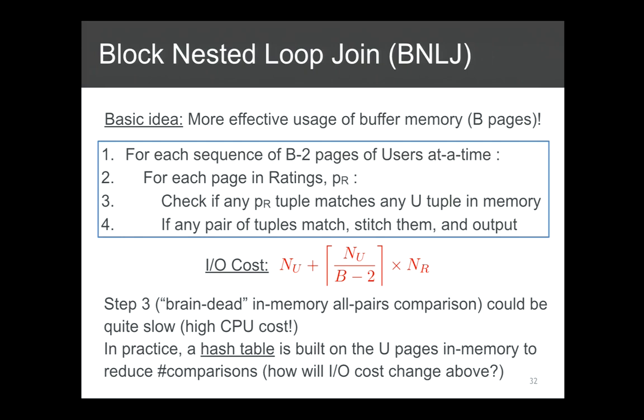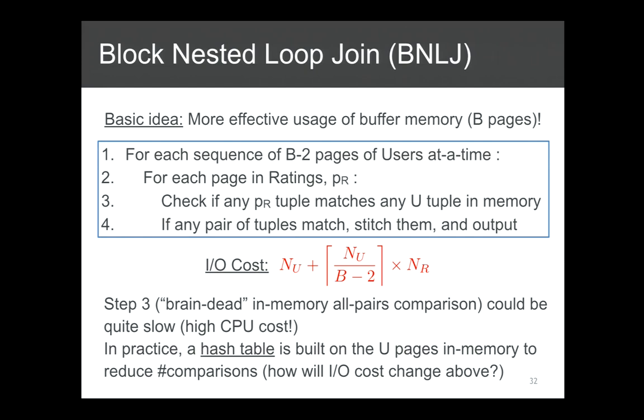Because hashing is a constant time operation, you avoid the number of tuples in the page of R times the number of tuples in the block of U. The comparison cost goes down to the number of tuples in the page of R times a constant. You basically only retrieve the records that match.